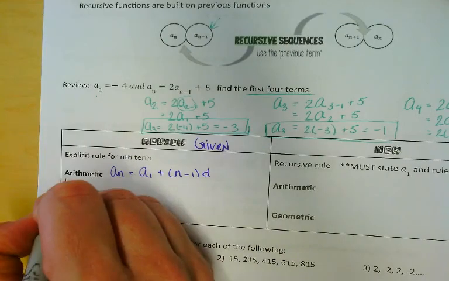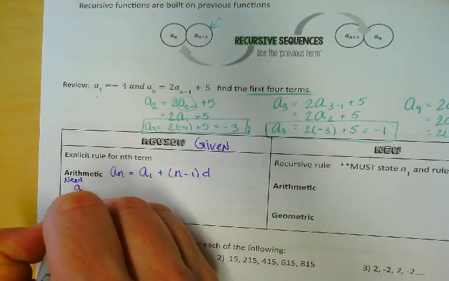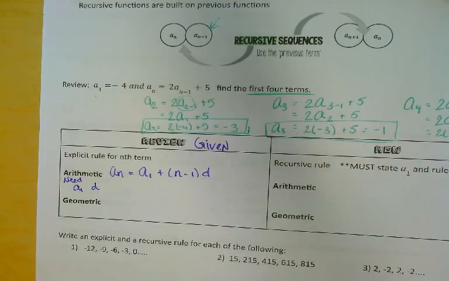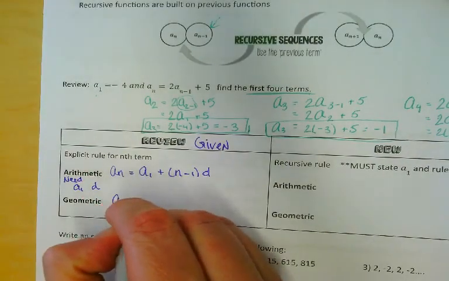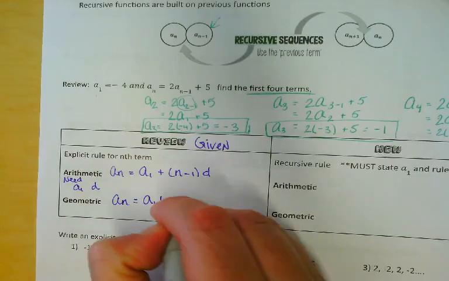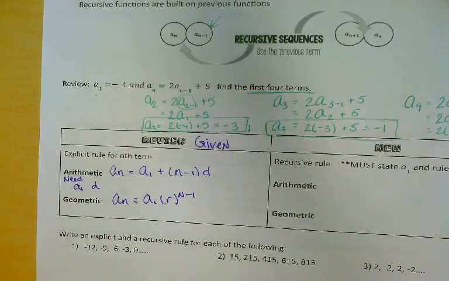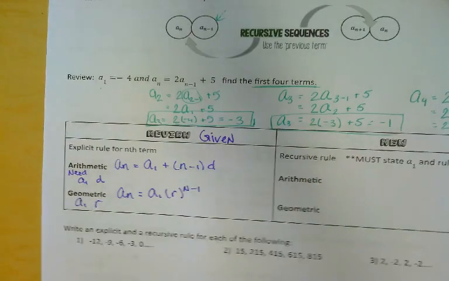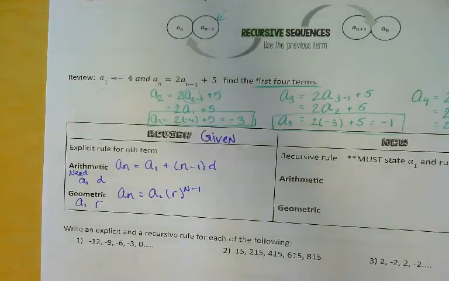Okay, and to write that, you need a sub 1 and the difference. If it's geometric, we have a sub 1 times the ratio to the n minus 1. And this time we need a sub 1 and r. And again, that's just a quick review. We've done this many times. And those are given to us.